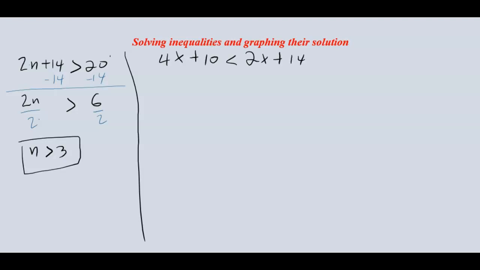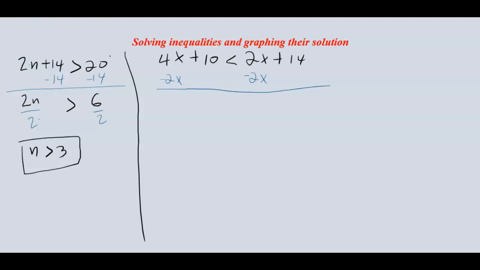We need to combine like terms here. The first thing we're going to do is move the x term to the left side of the inequality by subtracting 2x on both sides.